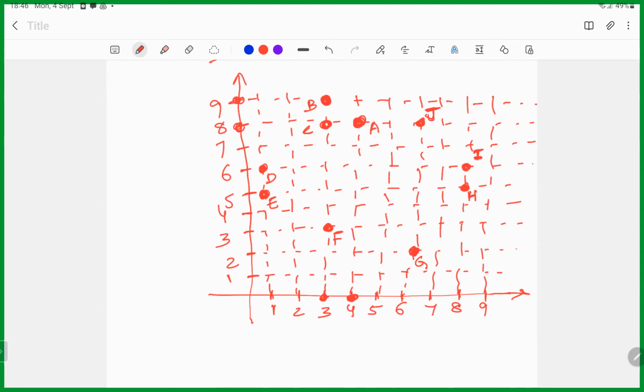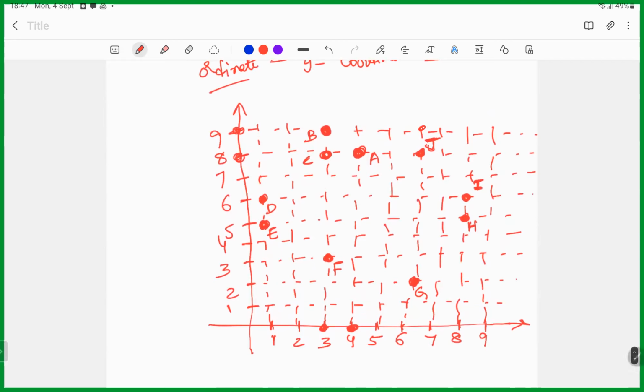Point K is 6, 9. Mark it. Point L is 5, 8.